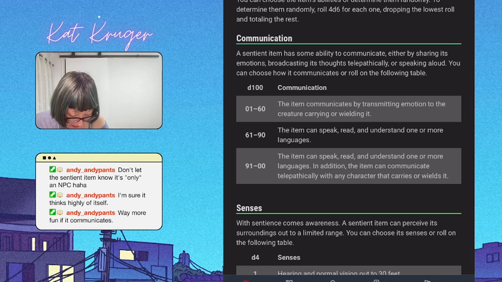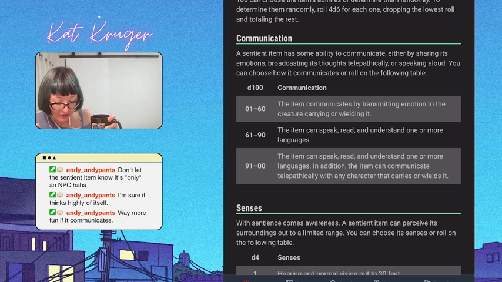There's a version that can speak and also communicate telepathically. I'm leaning towards either telepathic or emotional. Yeah, I think it's definitely more fun if it communicates.